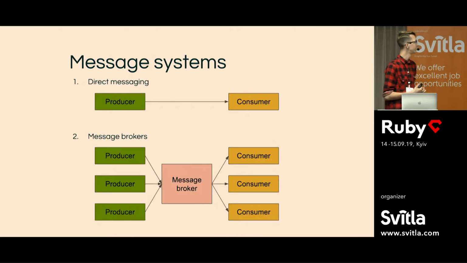So a common approach of notifying consumers about new events is to use a messaging system. So it's a system where a producer sends a message to the consumer. And there are two most popular ways of doing so. The first one is direct messaging.